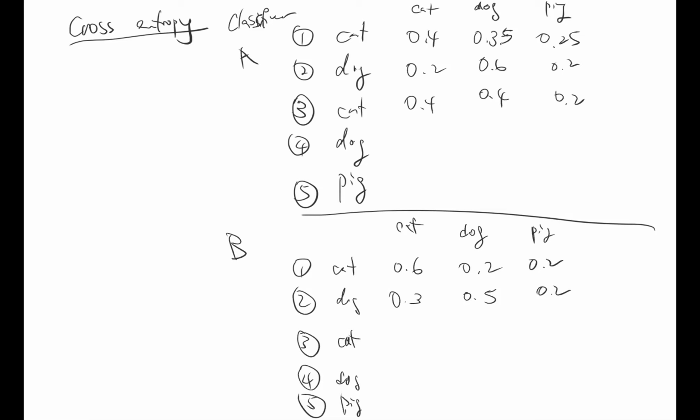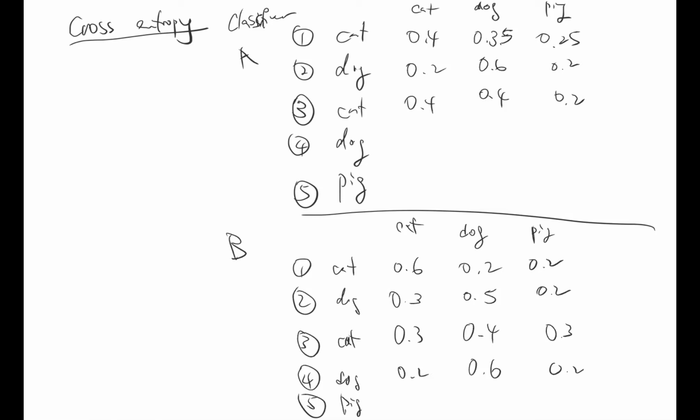Maybe I have like 0.4, 0.3 here. And maybe this is 0.6, 0.2, 0.2 here.